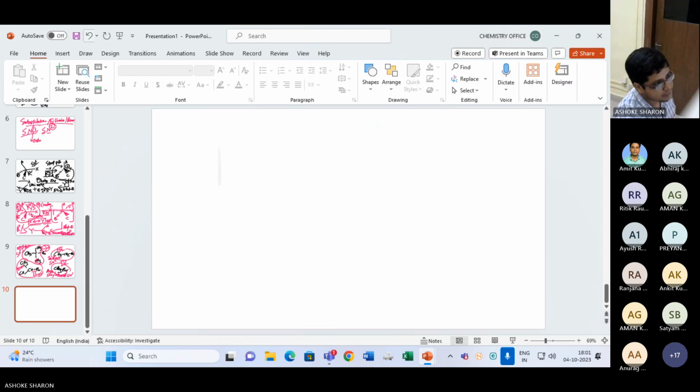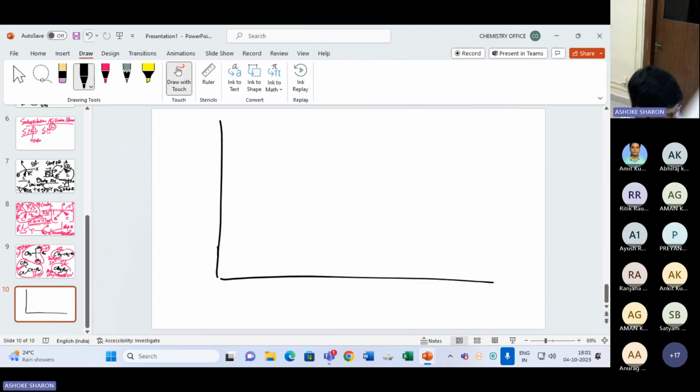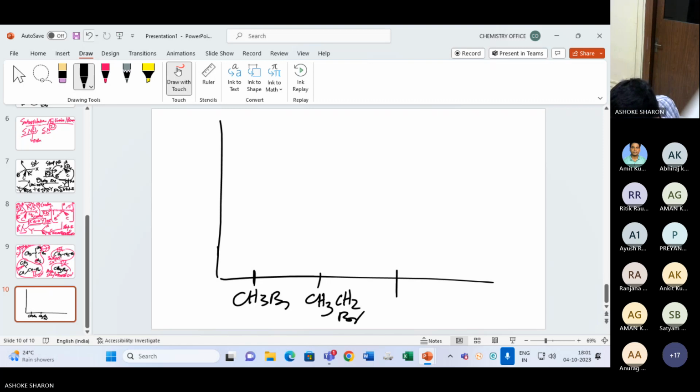So this problem we can explain by a diagram, very easily. So I am drawing here CH3Br. Then CH3, CH2Br. Then I am drawing Br, that means hydrogen, methyl, and this is methyl, Br.